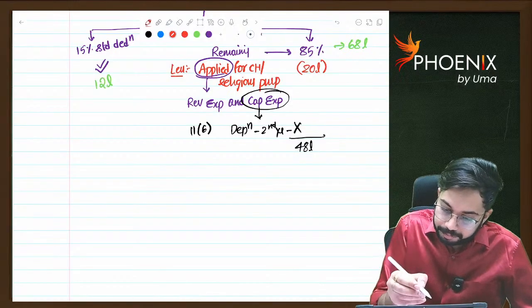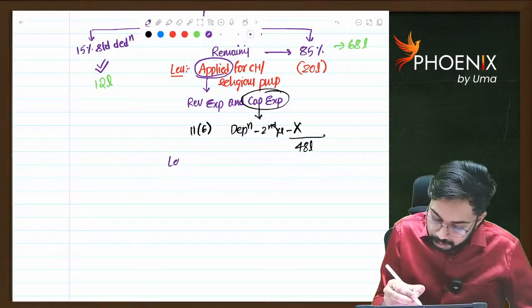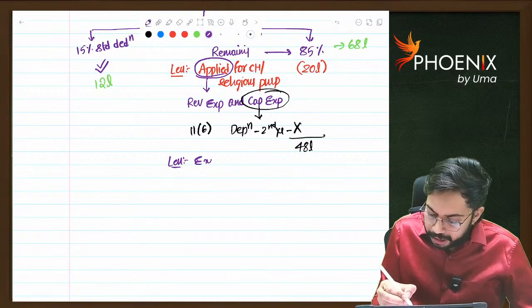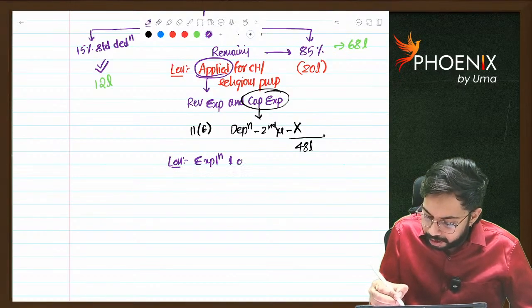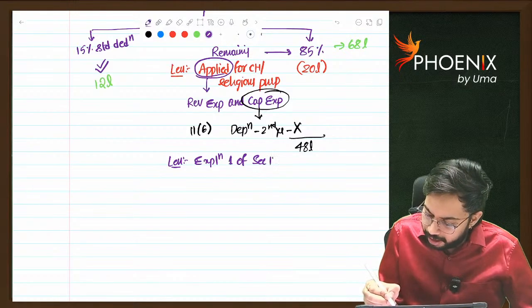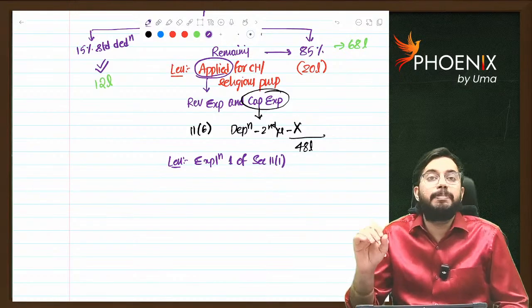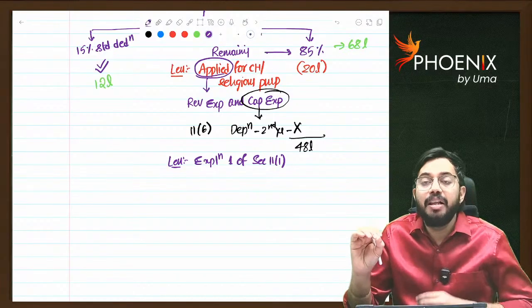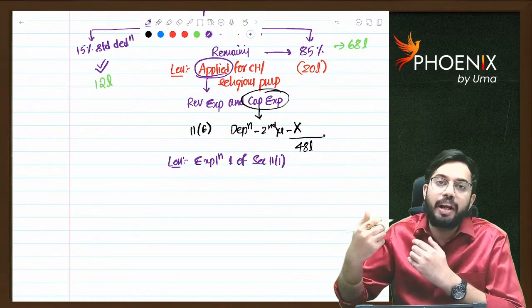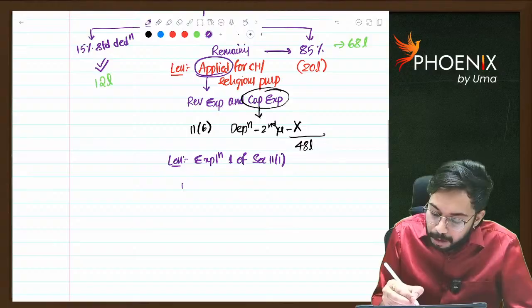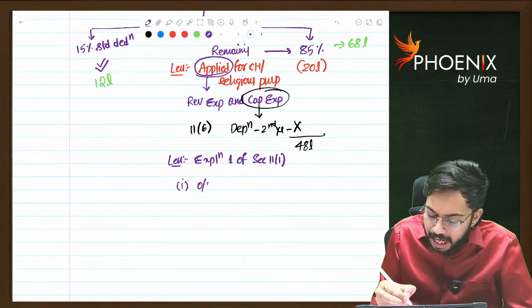Explanation 1 of section 11(1). As per explanation 1 of section 11(1), there are two ways you can further reduce your income. The first option available is outstanding amount.